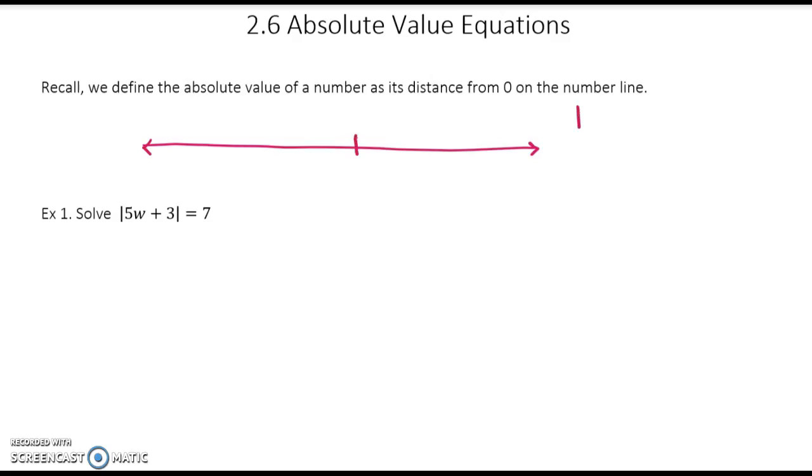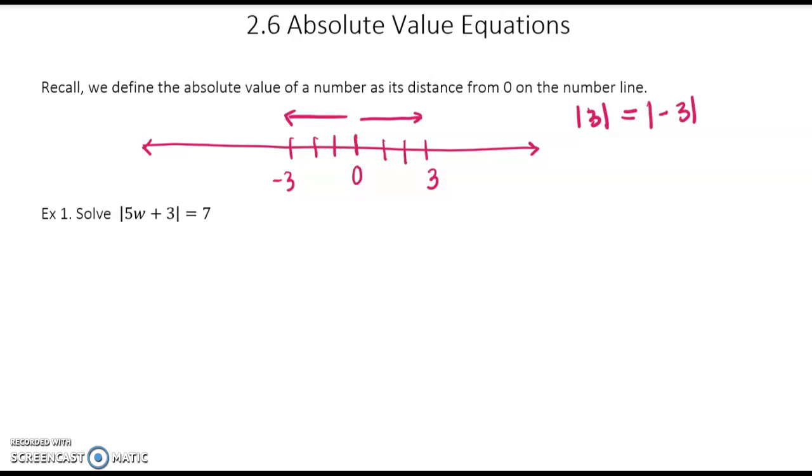So if we talk about the absolute value of 3, which is also equal to the absolute value of negative 3, we're talking about that it's 3 away from the center in both directions, right? So negative 3 would be 3 to the left, and positive 3 would be 3 to the right.